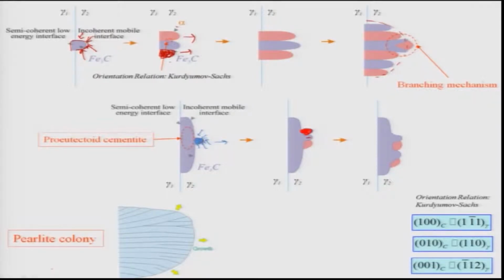Similarly, for hypo-eutectoid alloys, you will have alpha on the grain boundaries, like if I have two grains, gamma 1 and gamma 2, and then you have the alpha presence, which is pro-eutectoid alpha. This alpha will allow the nucleation of the alpha phase of the pearlite very easily, because it is heterogeneous nucleation on the same phase, so energetically this is very favorable.